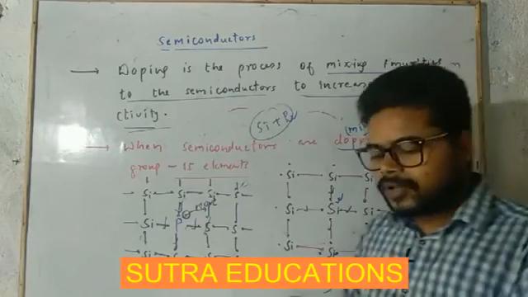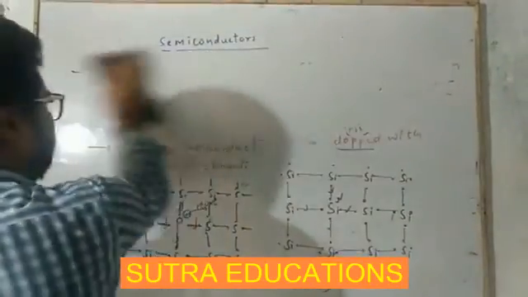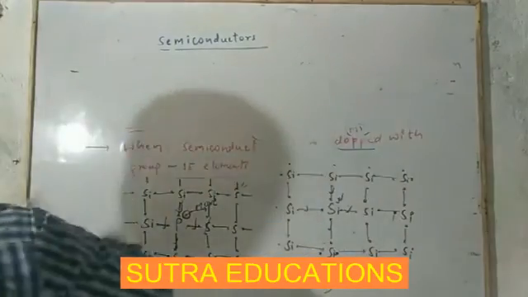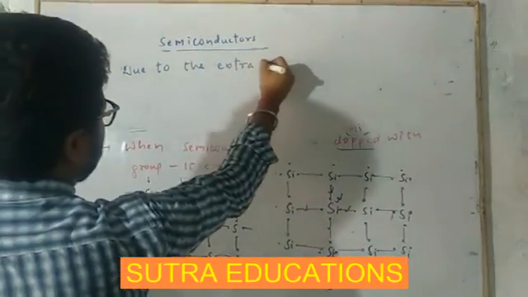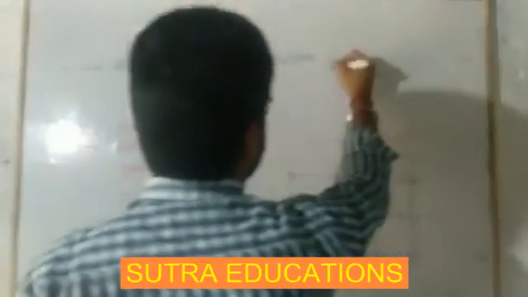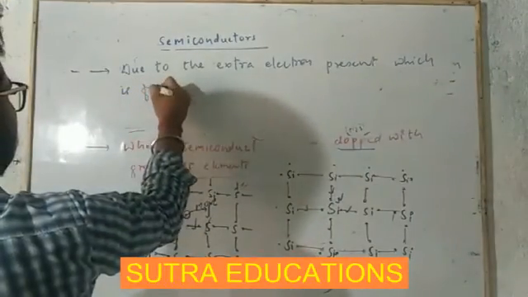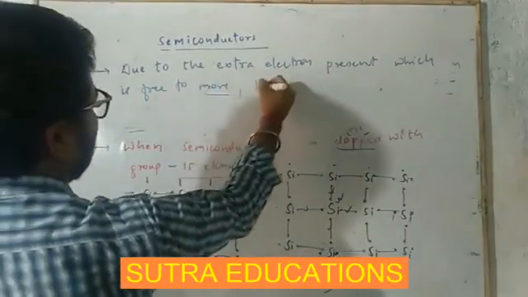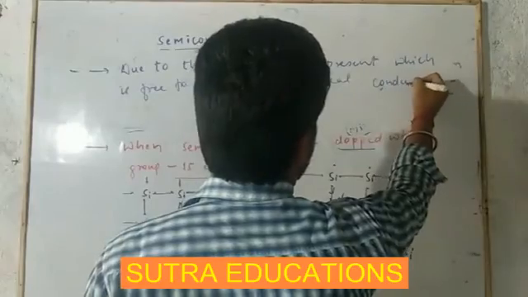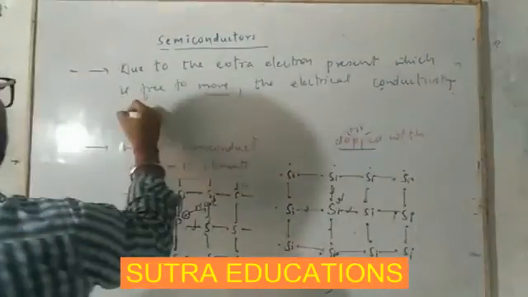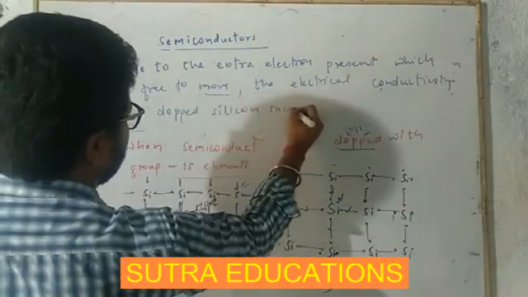So due to the movement of this extra electron, when silicon is doped with phosphorus, what happens? I am writing here. Due to the extra electron present, which is free to move, the electrical conductivity of doped silicon increases.